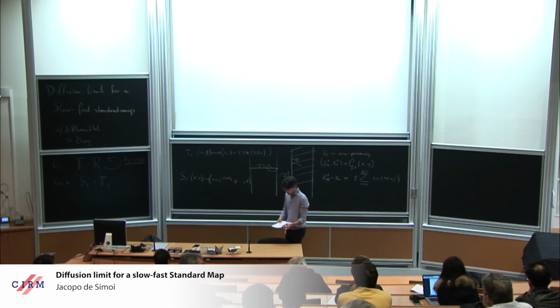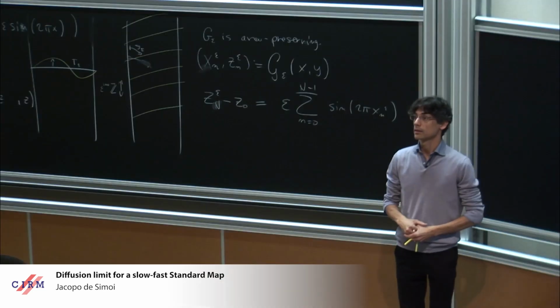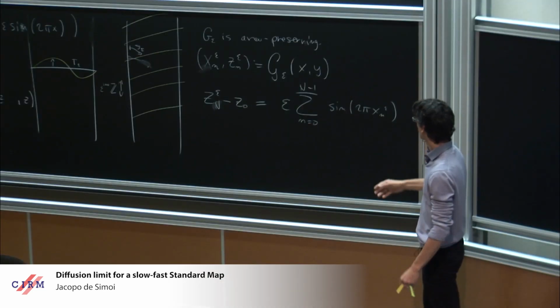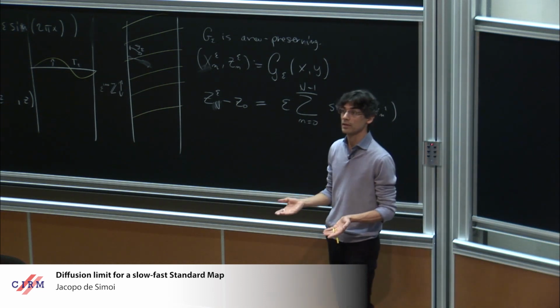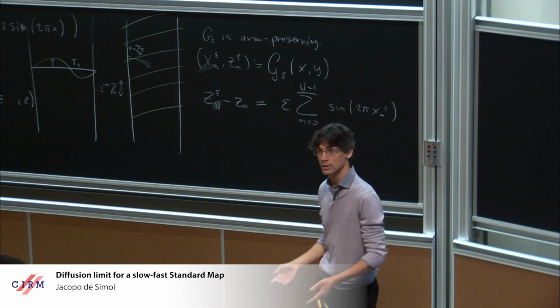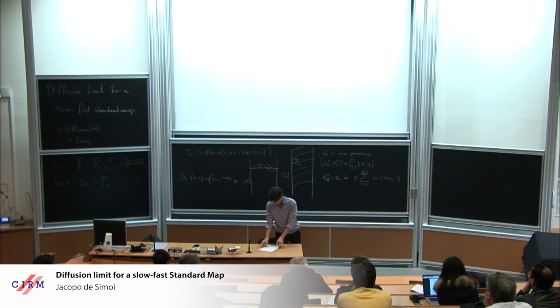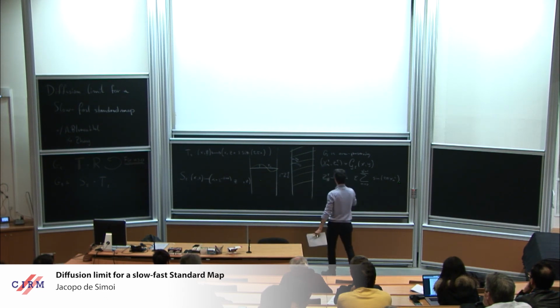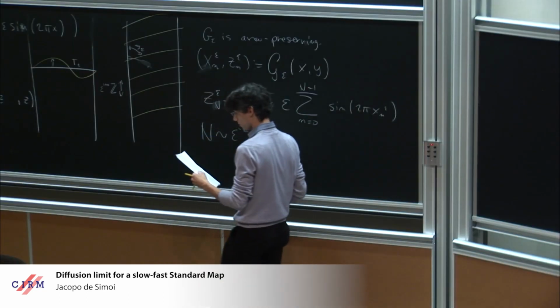And since Lebesgue is the invariant measure here, one would possibly imagine that once you get some sort of averaging going on, this will average to 0, so the net effect will be 0. So the net effect that we have to study is a diffusion. And therefore, the limit that we want to study is a diffusive limit, which is n going to infinity as epsilon to the minus 2.